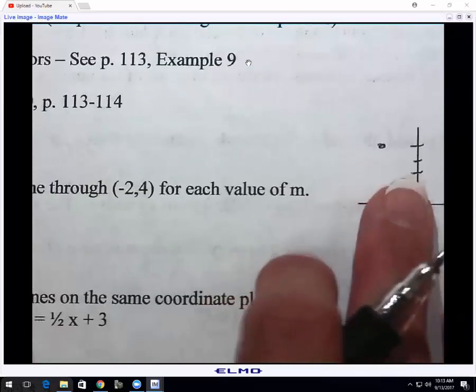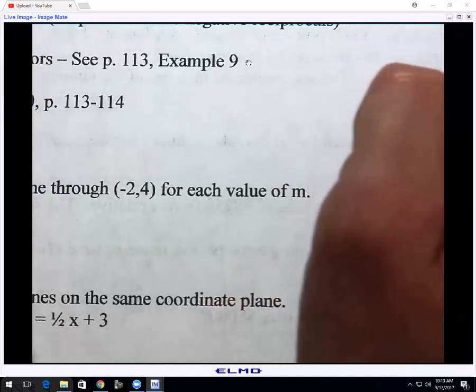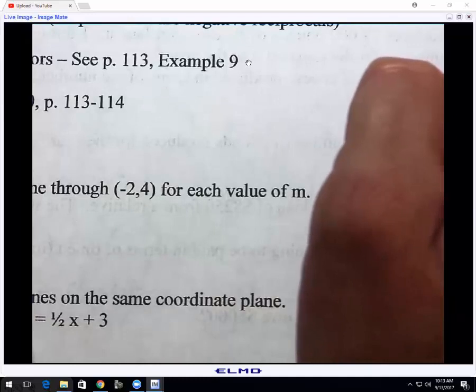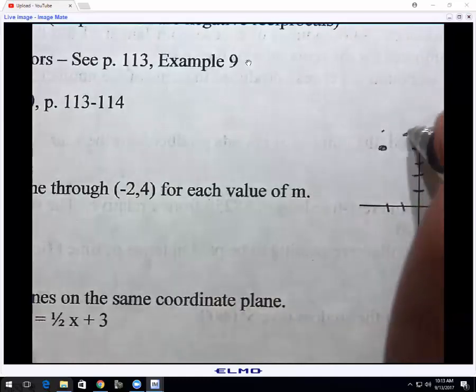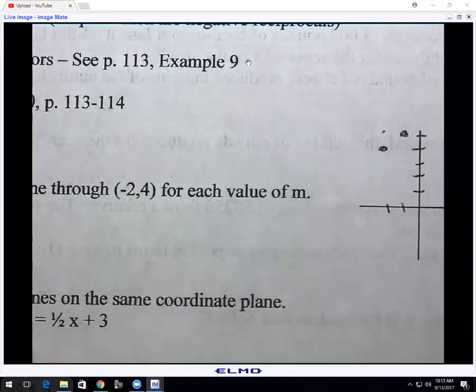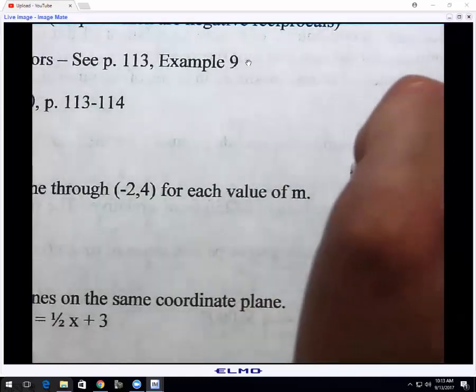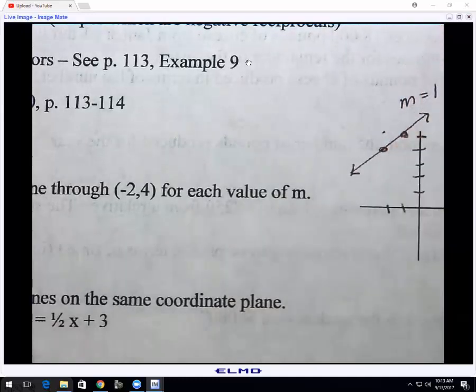So I start at that point, -2, 4, and from that point I rise 1 and I run 1. In what direction should I run, left or right? Right. Right is positive. So rise 1, run 1 would put me right there. And that's a line through the given point with the slope 1.